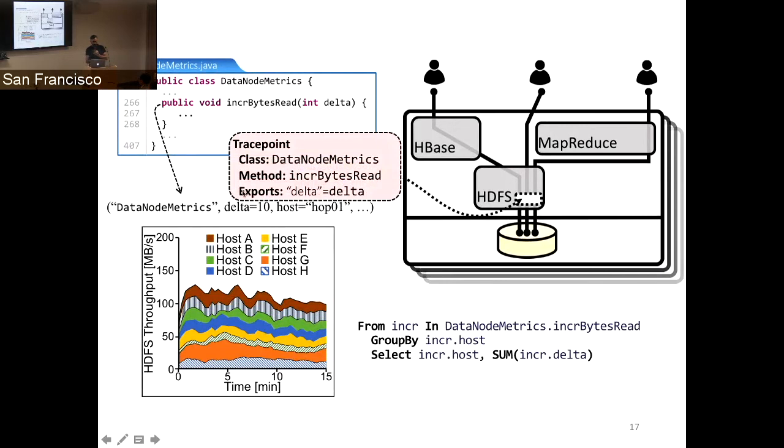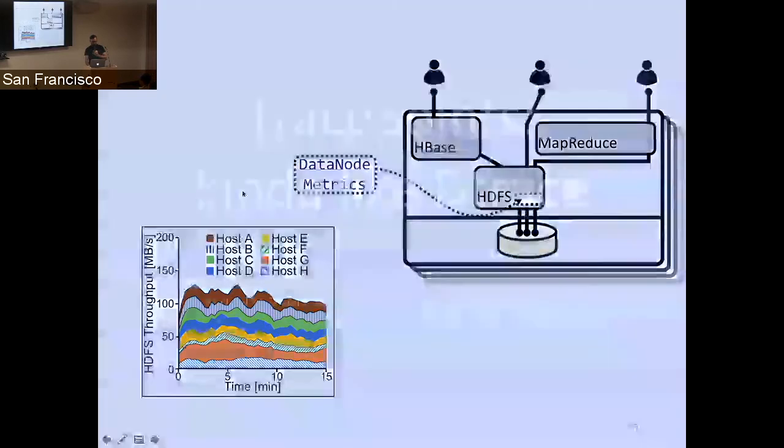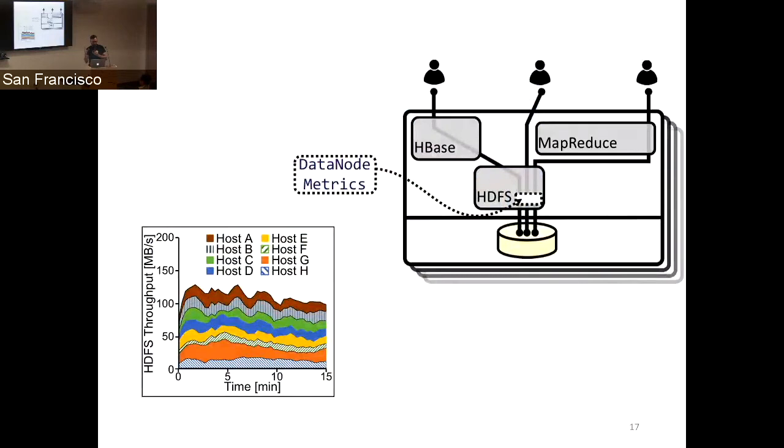Every trace point, a concept borrowed from dtrace, encodes a place within an application from which you can both extract information and interpose with the pivot tracing logic that does all this sampling and aggregation, which I'll talk about later. But the trace points you can think of as a constellation of places within your code base where you can interpose and do stuff.